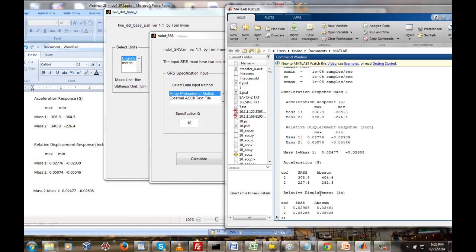When we get to relative displacement in inches and we look at each degree of freedom or each mass response, when we look at the two methods side by side, we can see that the difference becomes more narrow. And in fact, once we get to degree of freedom 2, those are almost the same numbers for our purposes. The reason is that for relative displacement, this is primarily just a single mode response.